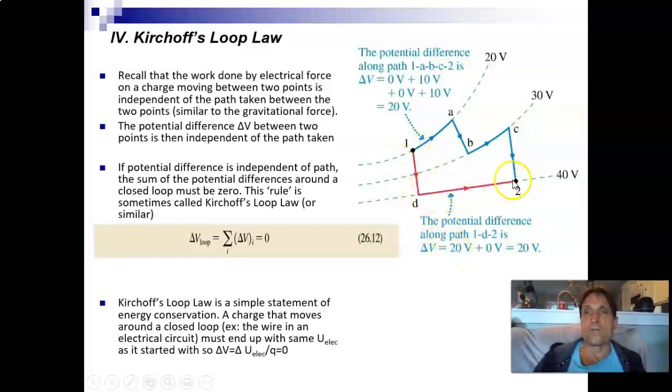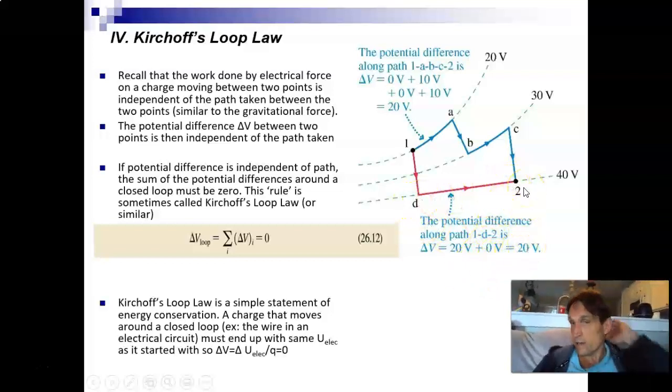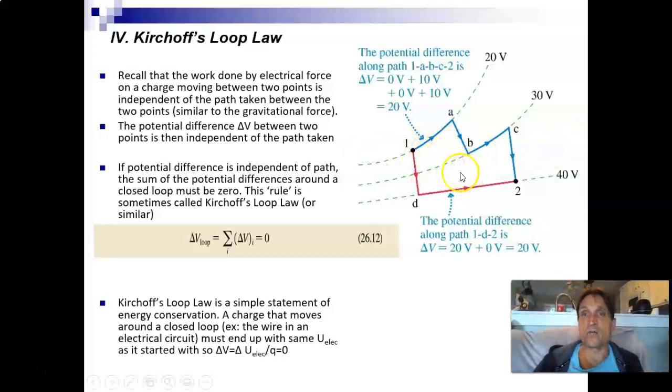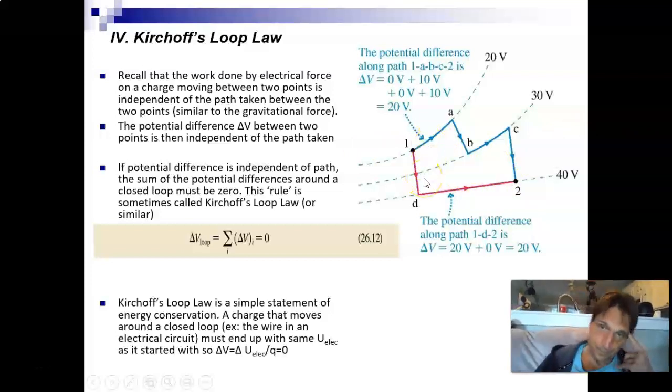It goes from D to 2 along the same equipotential, so its change in potential is 0, and the total adds up to 20. So no matter which path a charged particle takes to go from point 1 to point 2, it takes the same amount of work to move the charge along either path.